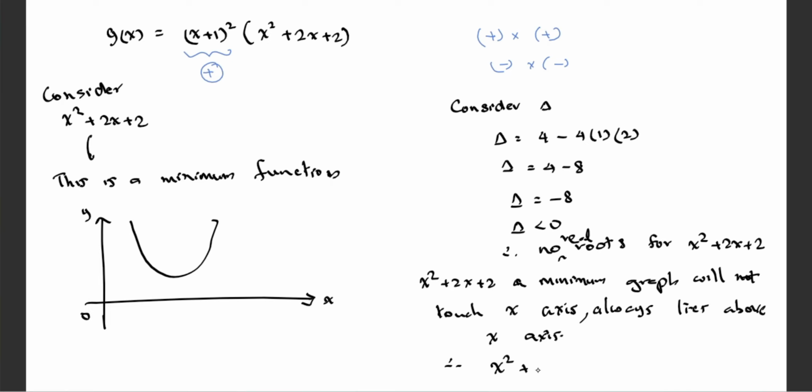Therefore x squared plus 2x plus 2 is always positive for any real number. It's not even equal to 0.